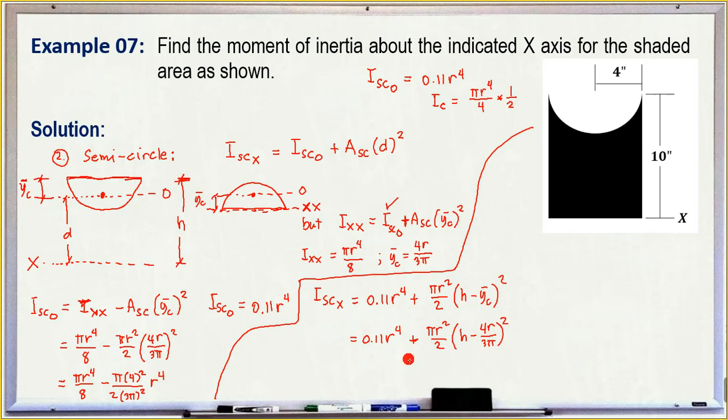Next, substituting values. So quickly, we have Iscx is equal to 0.11.